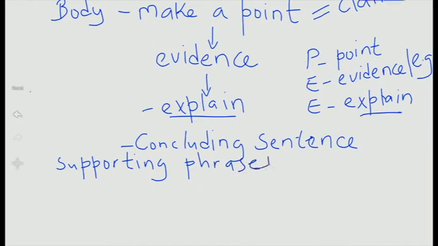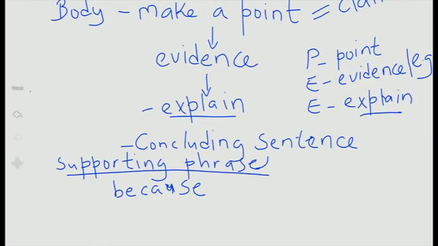And then for supporting phrases, we've got a lot that we can use. There's the famous because. You know, once you say because, it means that you're going to give a reason. And then it is important that after the claim, you have that because, or you can use as, and also you can use this.